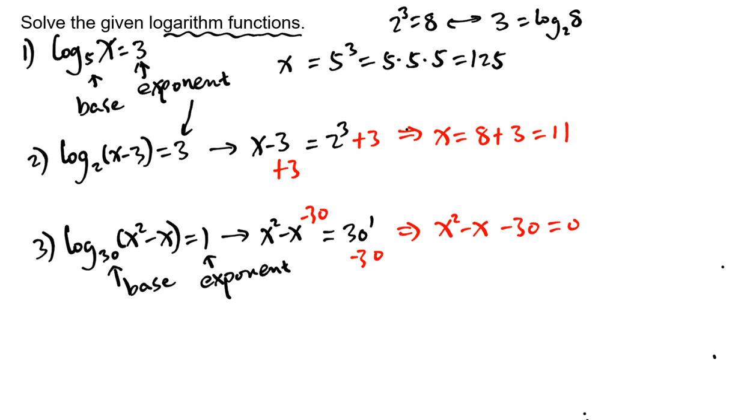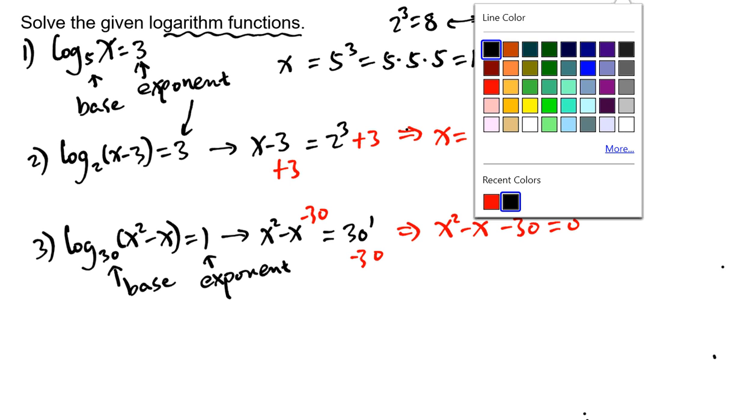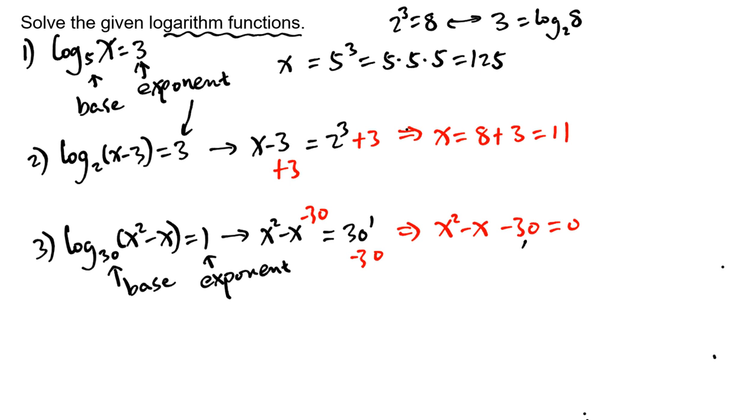Okay, now we split negative 30 into negative 6 and 5. 5 times negative 6 is negative 30, and when you add them together, it is negative 1.